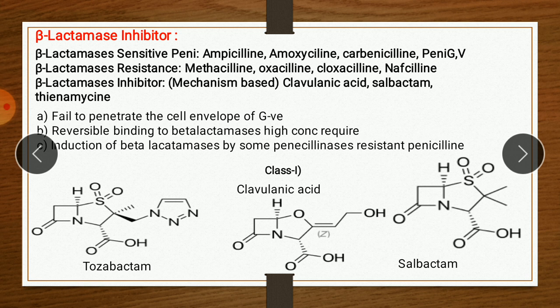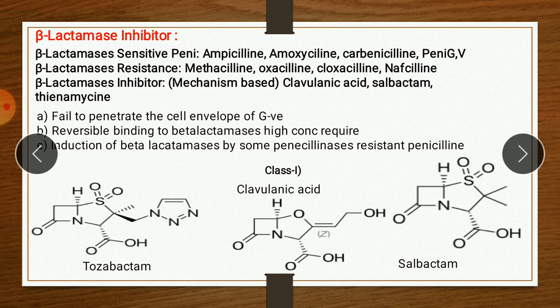Therefore, to avoid this, a new drug was developed, called beta-lactamase inhibitor, or mechanism-based inhibitor. The discovery of a naturally occurring mechanism-based inhibitor, clavulanic acid, which causes potent and progressive inactivation of beta-lactamase enzyme, has created renewed interest in beta-lactam combination therapy.